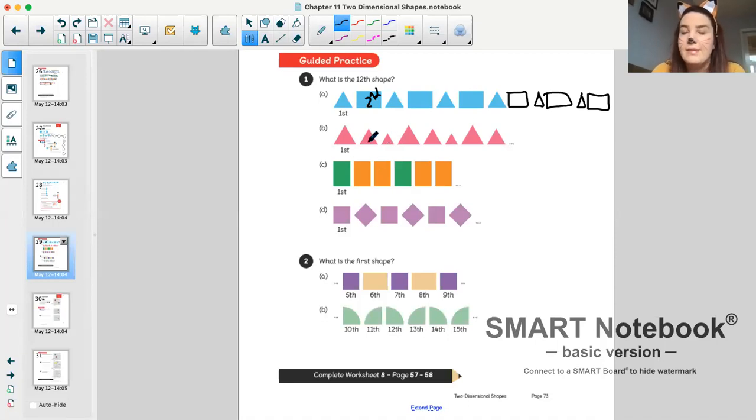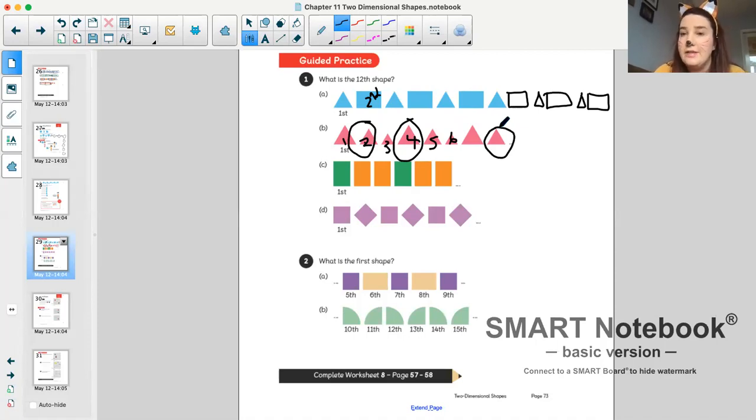Okay, now we've got this one. For this one, because it doesn't constantly go to 4, because we've got 3 triangles, haven't we? So we've got 1, 2, 3, 4, 5, 6. So if you look, if we were going to go from the 2s, it would be medium triangle, but then it's back to big triangle, isn't it? 7, 8, and then it's back to medium triangle.